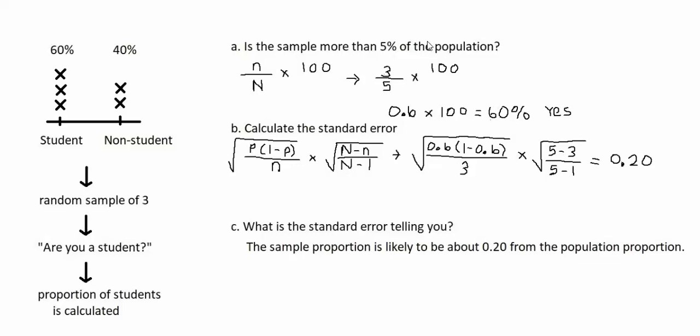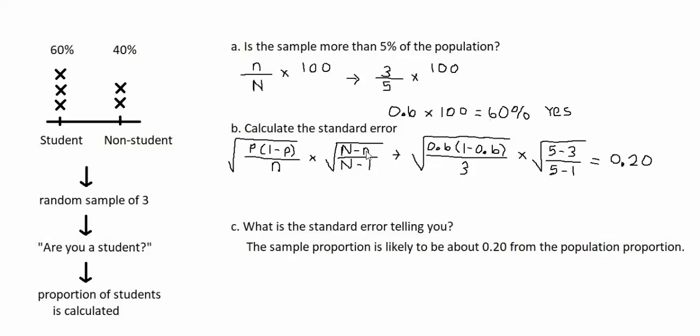So that tells us that we're going to be using this formula right here. On the left, we have the main formula for standard error of a proportion. And over here, we have the correction that's always used when the sample is more than 5% of the population, and it's just tacked on at the end.